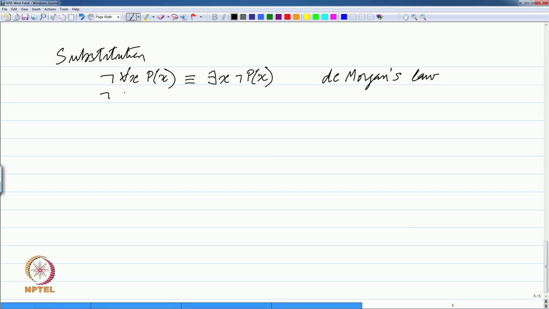And likewise, if you move the negation sign across an existential quantifier, we get a universal quantifier.